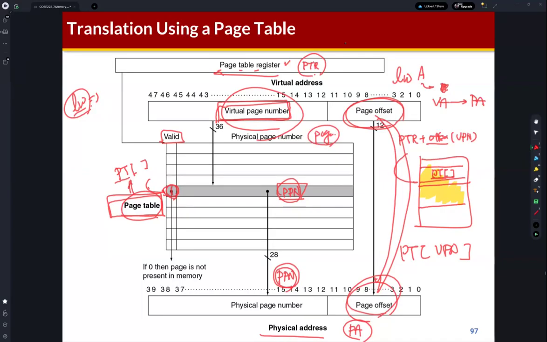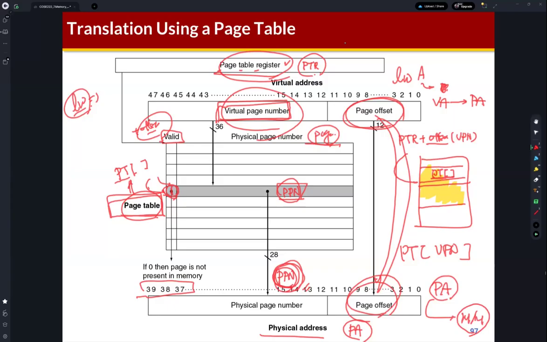It's just the same memory access, using the base address plus an offset, where the offset is the virtual page number. Using this index, we can access the page table, which is just an array. Then we get the physical page number, and by using this physical address, we can access the main memory.